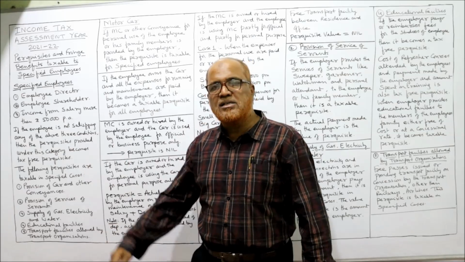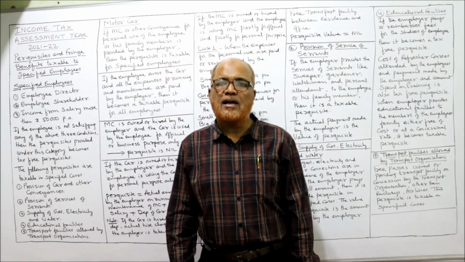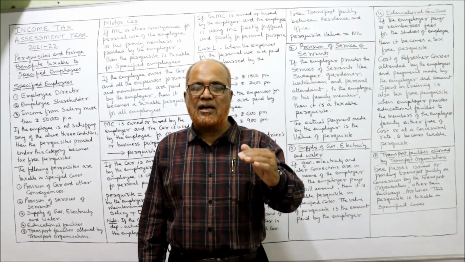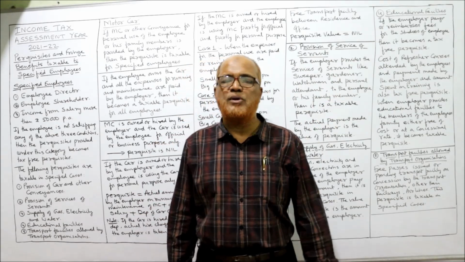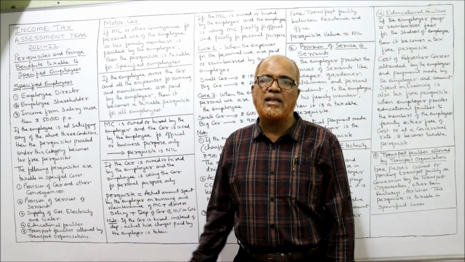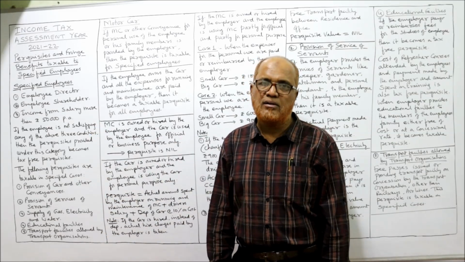Who are the specified cases? Number one, employee director. Second, employee shareholder. Third, any employee whose income from salary is more than rupees 50,000 per annum. These three cases are specified, and the given 5 perquisites are taxable for them only, not for everyone.